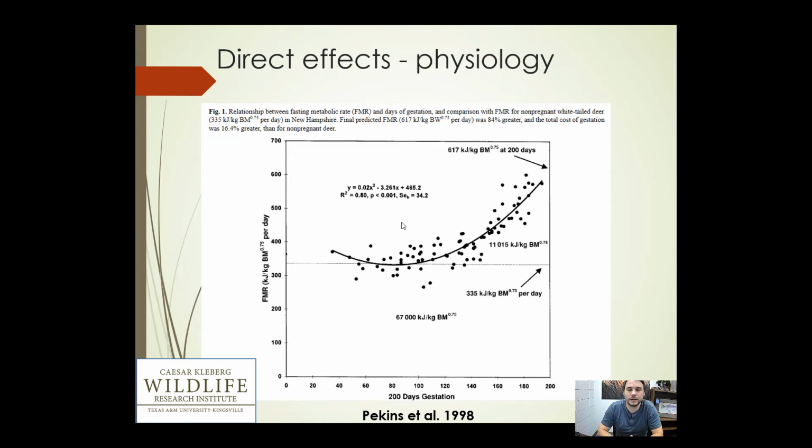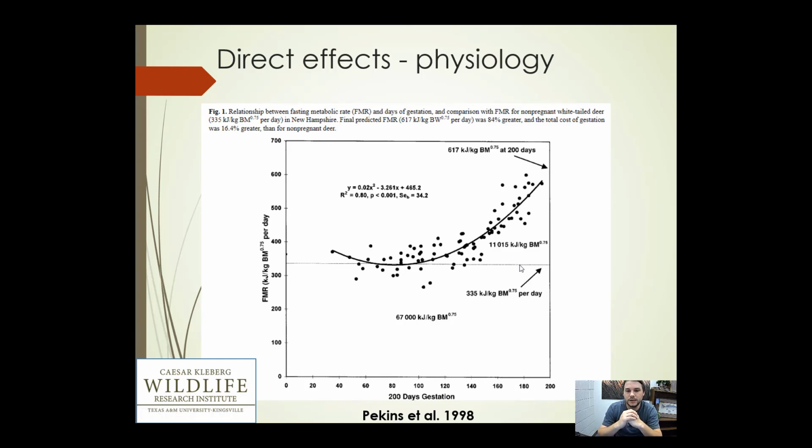We can think about it in relation to direct effects on reproduction. We know that gestation actually increases fasting metabolic rate of white-tailed deer, and so that is represented by this curve here, and the dashed line is actually representative of fasting metabolic rate for non-pregnant white-tailed deer.